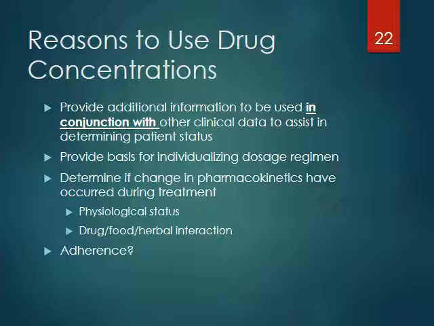Well, you can use a drug level to help determine whether the patient's drug level is actually within range or not, which may give you an idea of maybe they're taking it too often or maybe they're not taking it enough. Whatever the reason may be, that drug level can help you in conjunction with things like physical exams and looking at other labs as well.